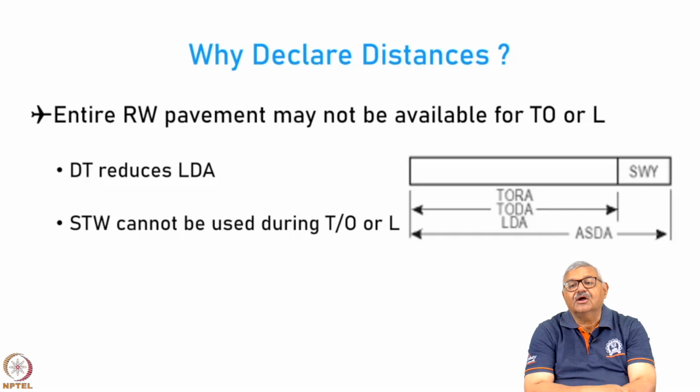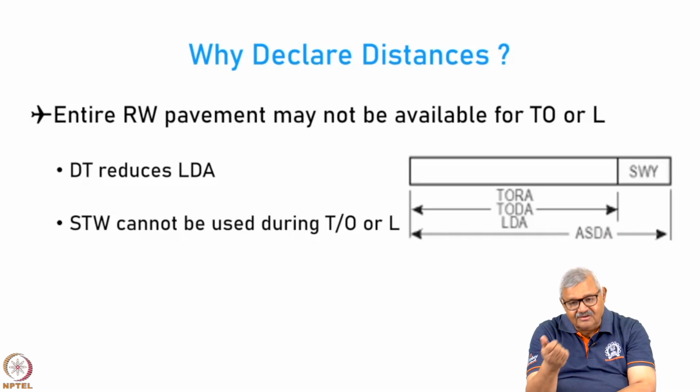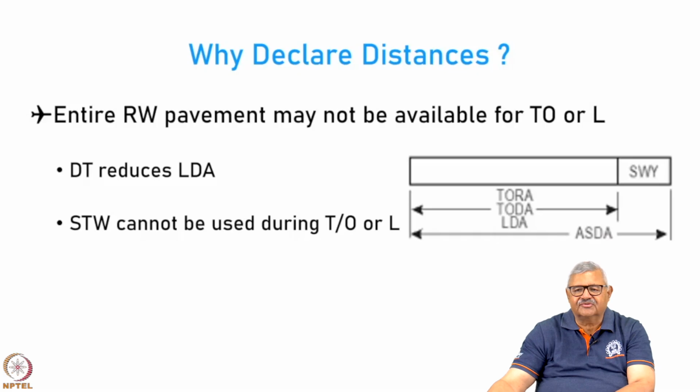Therefore, the takeoff run available, takeoff distance available, and the LDA, landing distance available, will be without the stopway. But the stopway is going to add to the accelerated stop distance available in case it is present, because you can go in the stopway only in emergency, only when you reject the takeoff.